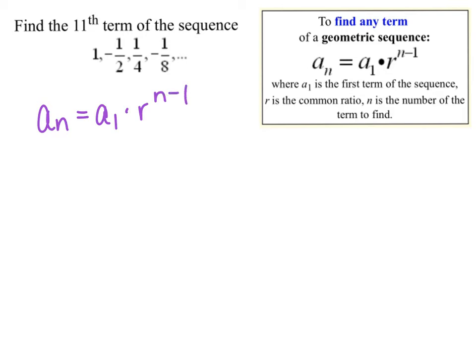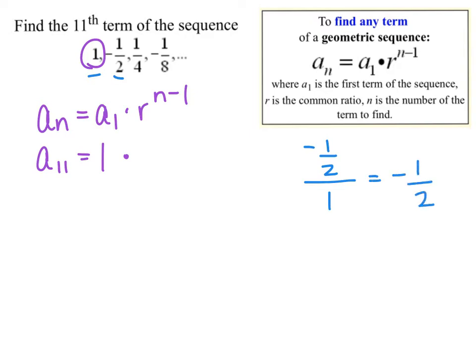I know that I'm looking for a sub 11. I have my first term, and that's going to be multiplied by the common ratio. The way that I find that is I take any two terms and divide the second by the first. So for example, I would take negative 1/2 and divide that by 1, and that's a nice negative 1/2.